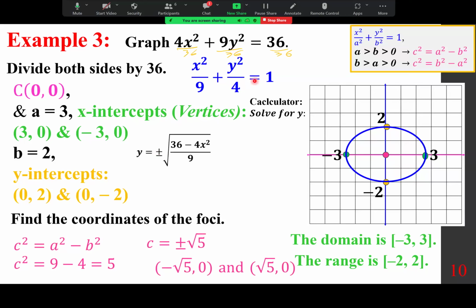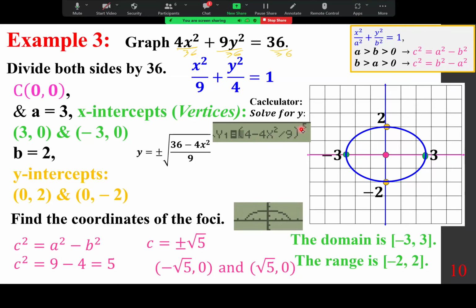Now, as far as a calculator is concerned, you solve for y, and it gives you two answers: plus or minus the square root of (36 minus 4x squared) over 9. 36 divided by 9 is 4. So you put y1 equals (4 minus 4x squared over 9) to the power of 0.5. It gives you this half.